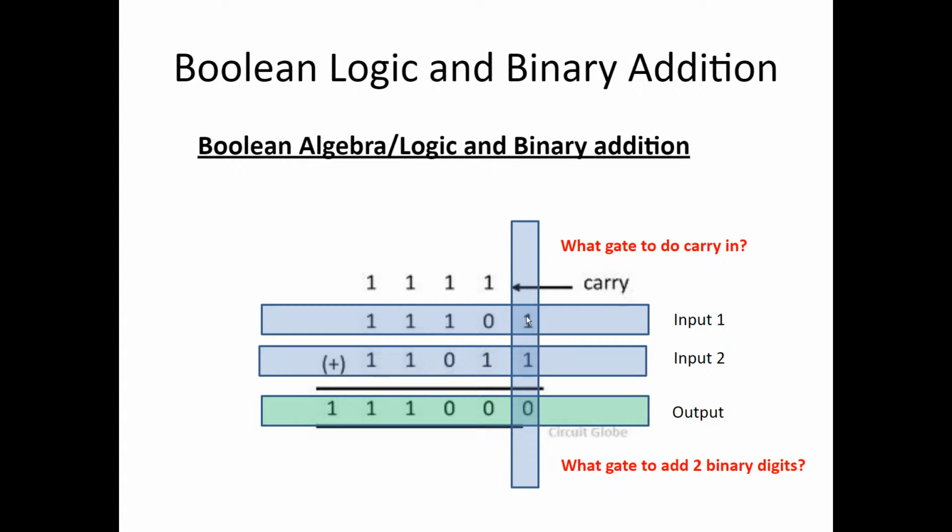As you can see, if you were to have 1 and 1, then you would have 0. We're going to ignore the carry here for a second. So we just have a 1 and 1, and it returns a 0 right here. If we look at the other cases, if we have 1 and 0, or 0 and 1, then they would both return 1. However, if we have a 0, 0, then this would also return 0.